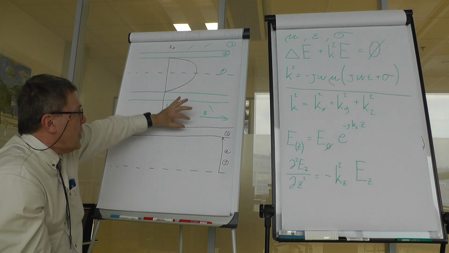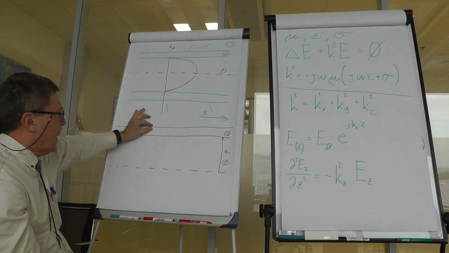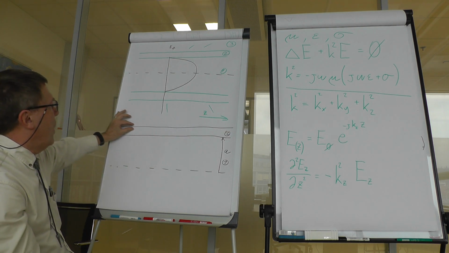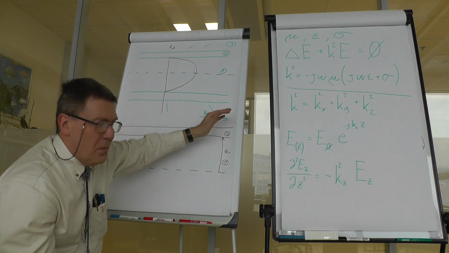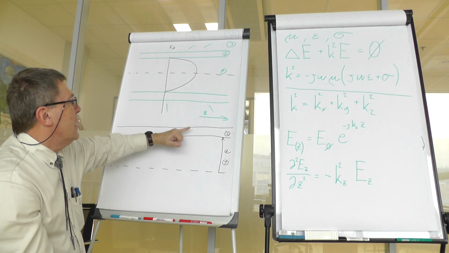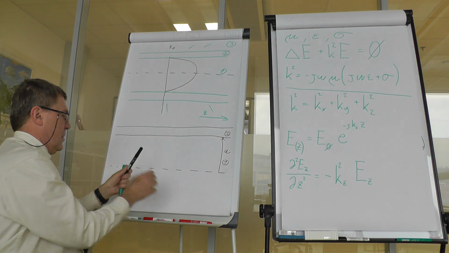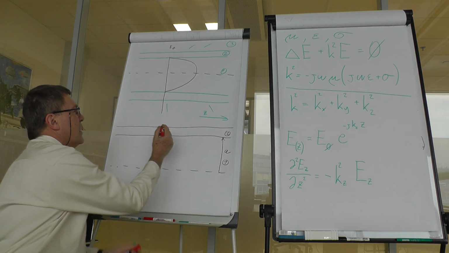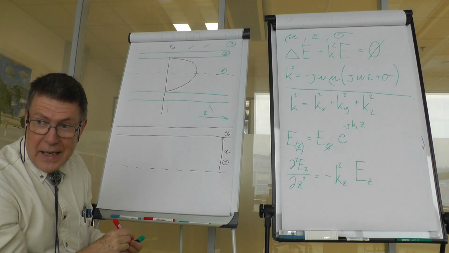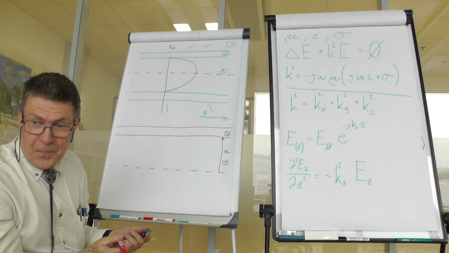The same situation is at the boundary, at the upper end of the metal or material layer. Again, field components that are tangential here and here must be strictly identical.